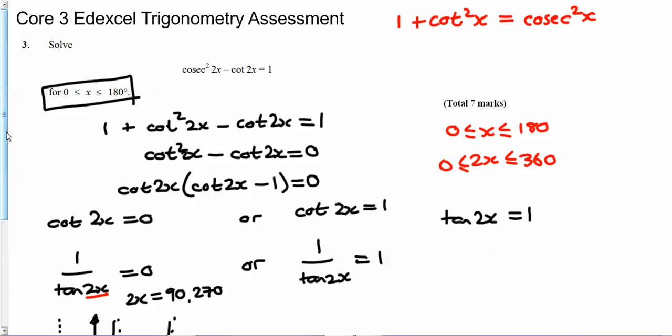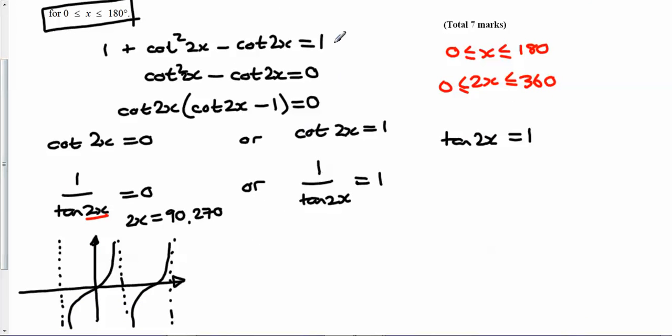And the other solutions, so our tan 2x equals 1, which means 2x would be 45 degrees, and my apologies, I believe I said 135 before. I'm sure you will have noticed what I actually meant was 225, because you'll need to add on 180 because tan repeats every 180.